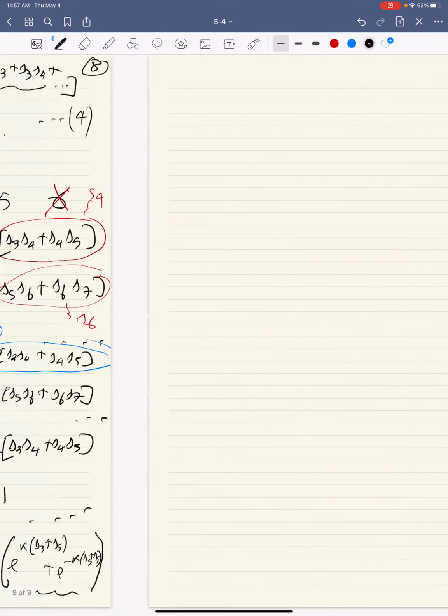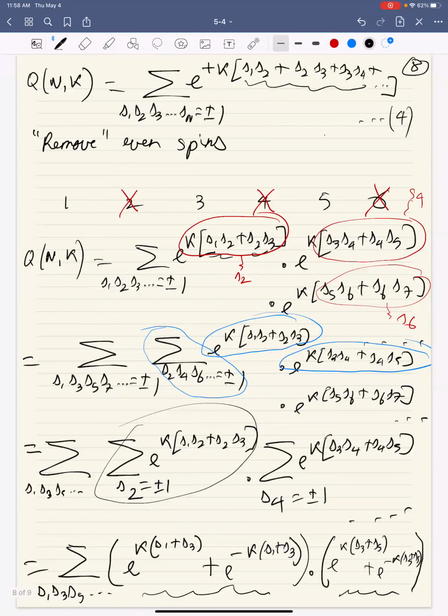So let me write down that equation once again. We just showed, and I will call it equation number 5. I will write down equation number 4 once again because we are going to use it.